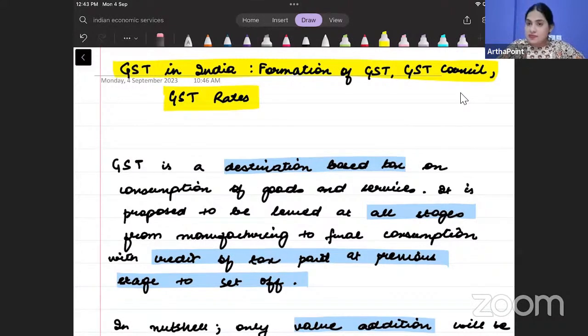So what has been the impact of GST on people, on government, and what is the impact of other tax on government, on people? तो पहले बाकी taxes जो भी थे उनका क्या impact था और अब क्या impact है? That is also something that we want to study. I hope this is making sense.